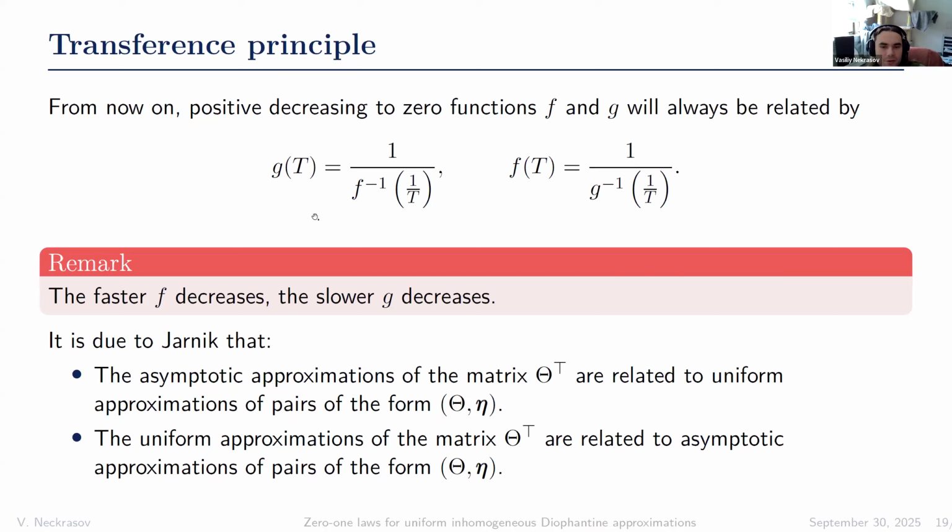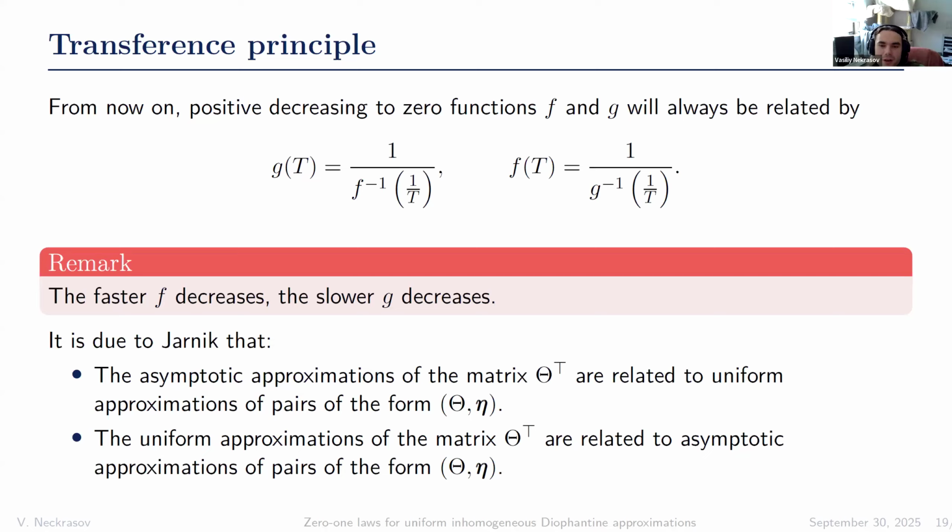So what I did not talk about yet is what these functions g and f are here for. So it turns out more specifically that if we relate functions f and g like they are related here, then the transference principle actually allows us to say something of this kind.